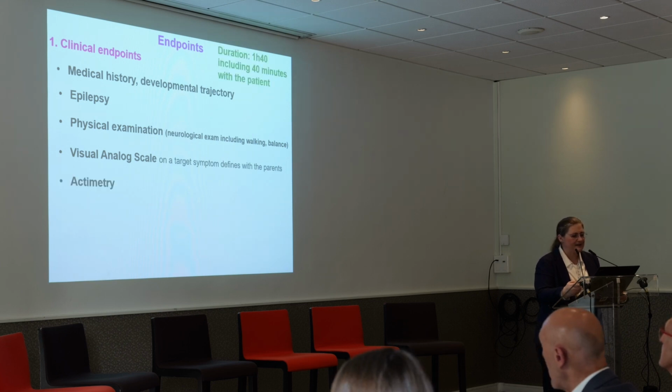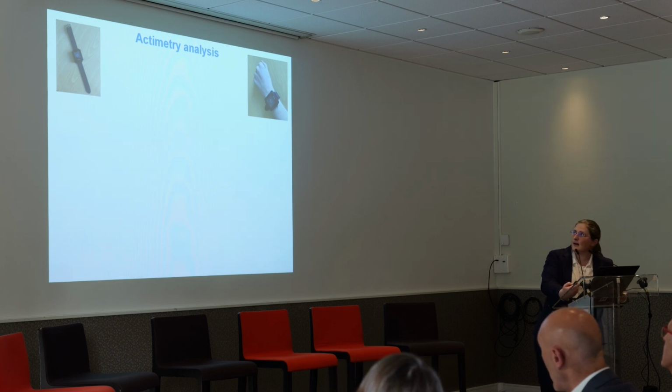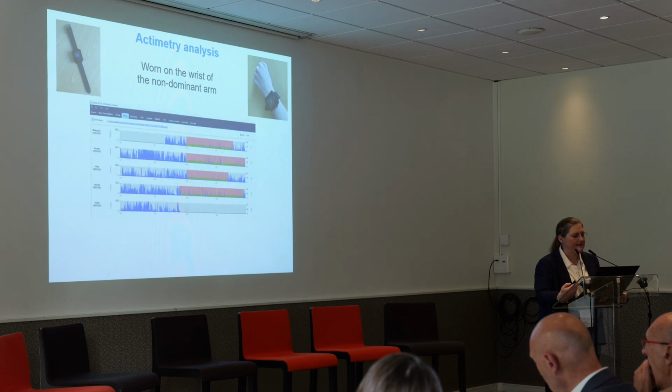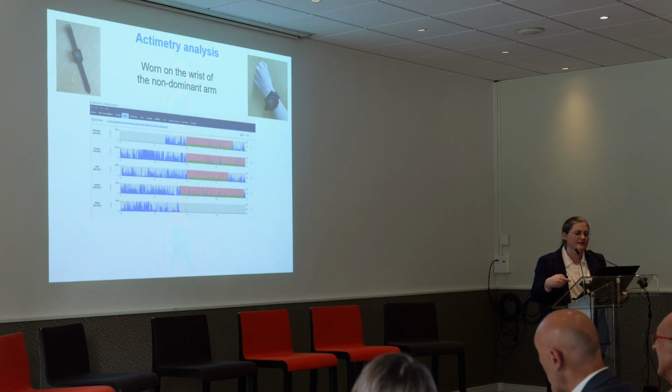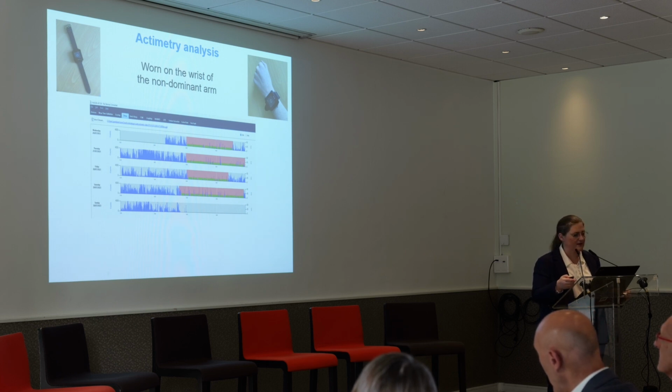Then we had actimetry. I don't know if you are familiar with actimetry. It looks like a watch, and the patients had to wear it on the wrist of the non-dominant arm. It went really well, and the beauty of it is that you can use it in ecological conditions, meaning you can wear it at home in your usual environment, so that's interesting.